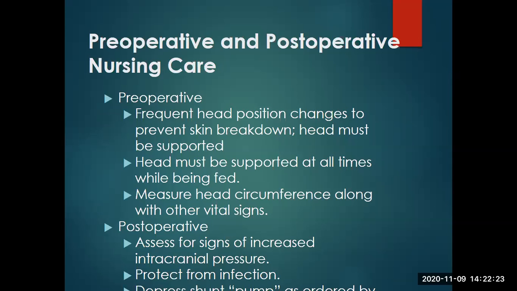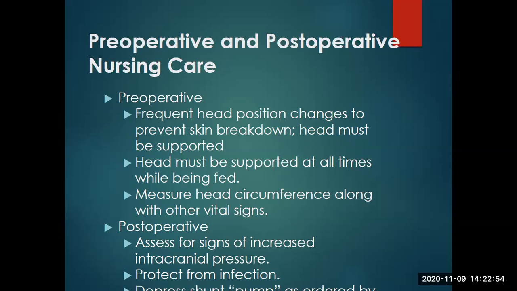So make sure you look at that in regards to positioning right after the post-op, because your main observation is going to be really looking at the fontanelles, whether it's sunken, what position to place the baby in, and whether it's bulging, what position to place the child in. You're also going to be looking at the assessment of the skin.